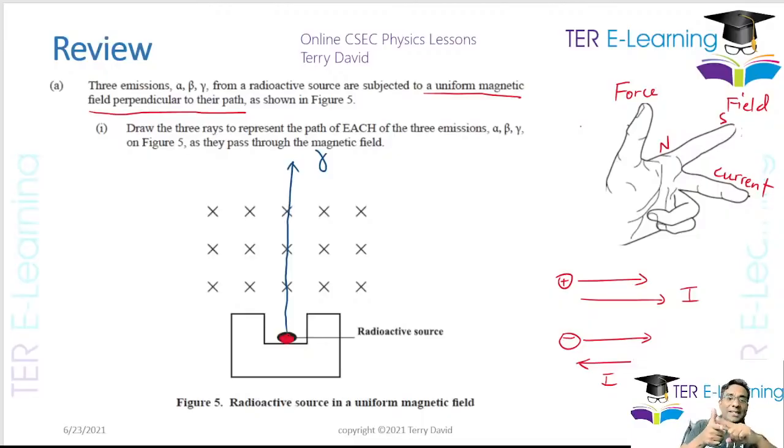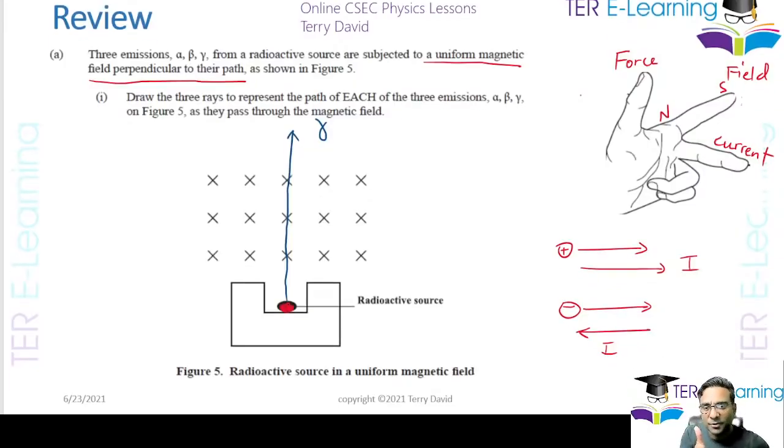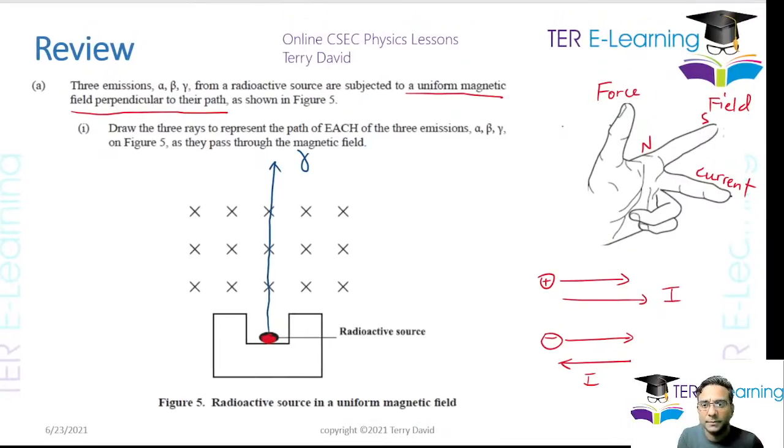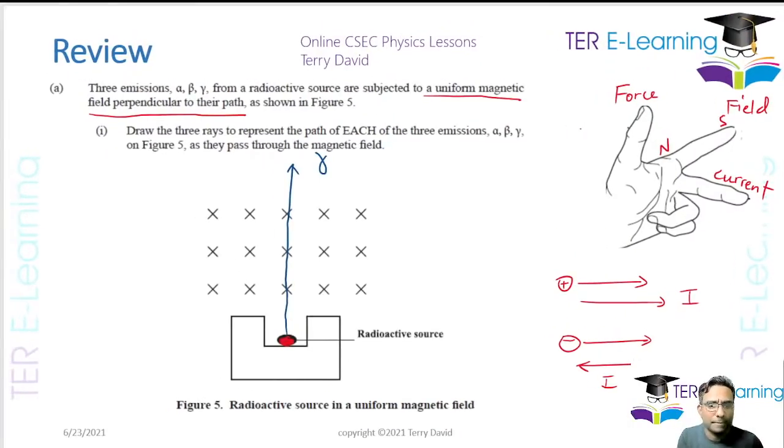So therefore, I need to point my index finger into the screen. Now we're tackling the alpha particle first. Let's make sure we understand this first, right? So if an alpha particle is moving upwards, so let's say this is an alpha particle, it means that my current is going to be in that direction.